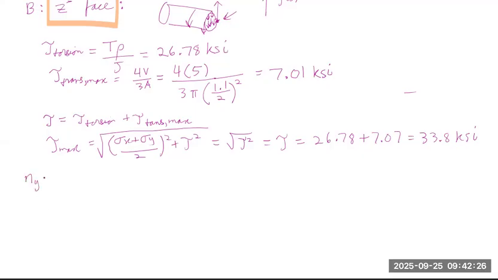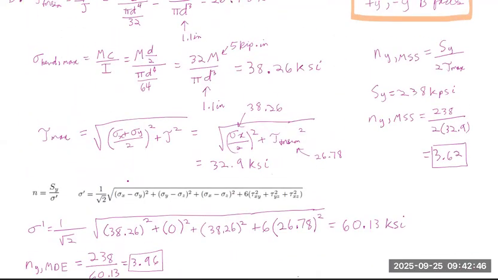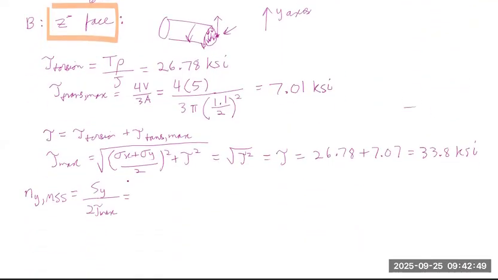So the factor of safety for yielding due to the maximum shear stress theory is going to be equal to SY over 2 times tau max, which is equal to, again, our SY value was 238 kpsi, 238 kpsi over 2 times tau max, which is 33.8 KSI.